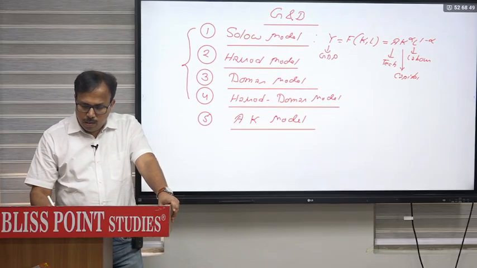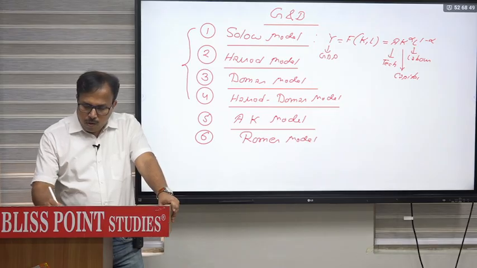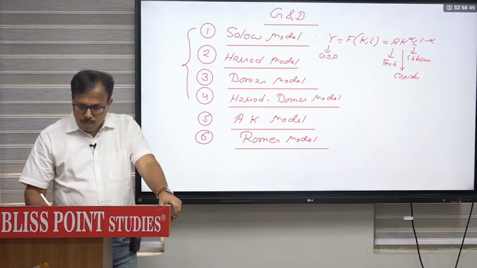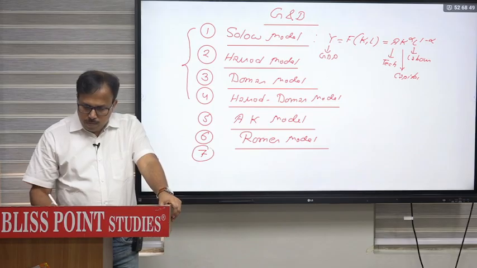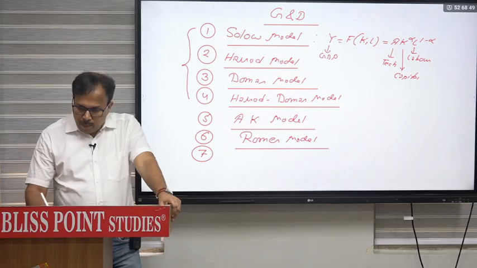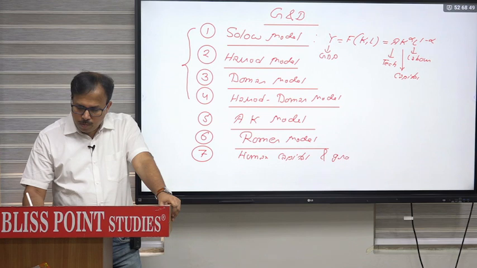Then the sixth will be the Romer model. Seventh is human capital and growth.